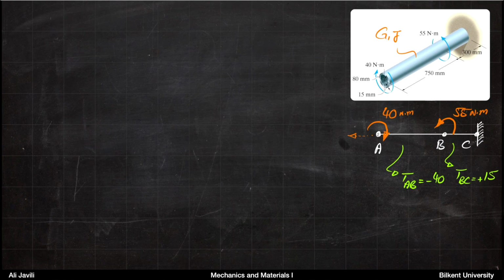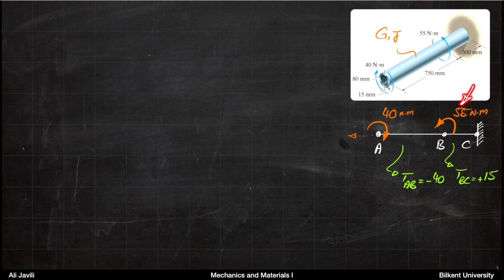So this is basically our shaft, and if we draw a one-dimensional picture of it, you can imagine it's like this, assuming that our plus direction would be towards the left as shown here. Then the internal torque from A to B would naturally be minus 40.